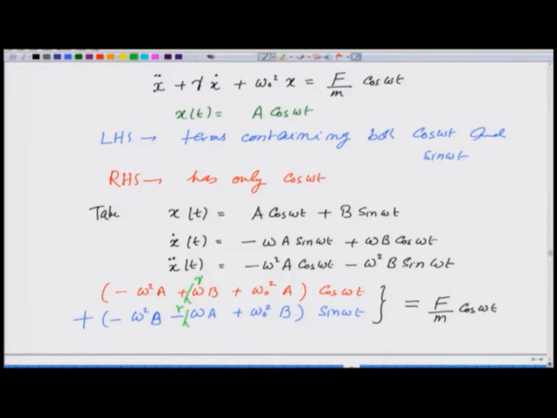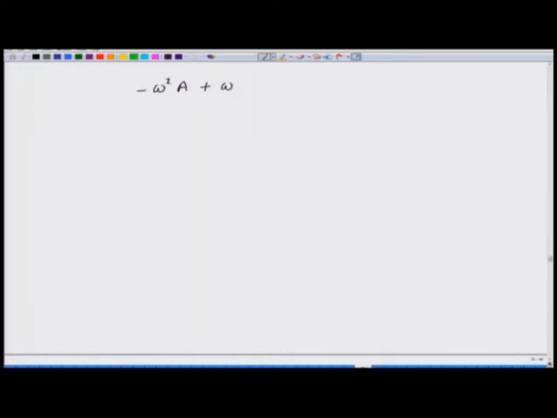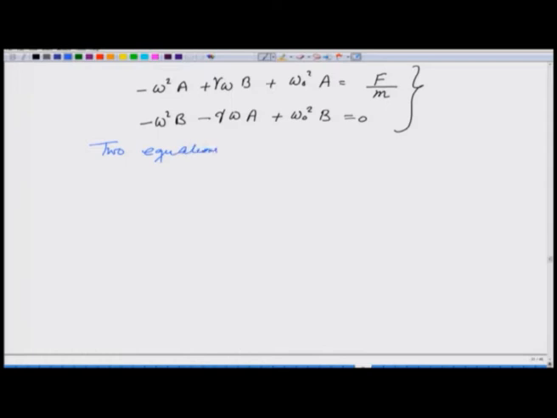So, minus omega square a plus gamma omega b plus omega naught square a equals f over m. And the second equation says minus omega square b minus gamma omega a plus omega 0 square b equals 0. Two equations and two unknowns.